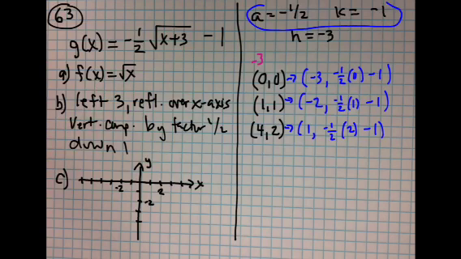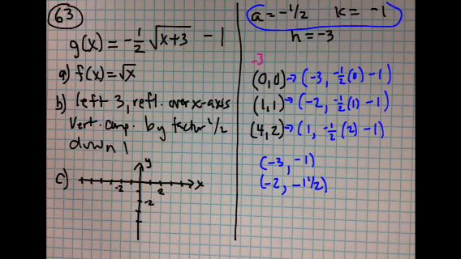Okay? So let's simplify. Negative 3, 0 minus 1 for the first one gives me negative 1, and then negative 2. Negative 1/2 times 1 is negative 1/2, negative 1/2 minus 1 is going to give me negative 1.5. And then for the last point, negative 1/2 times 2 is negative 1, minus 1 is negative 2.